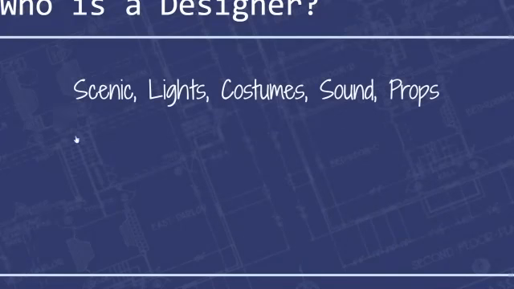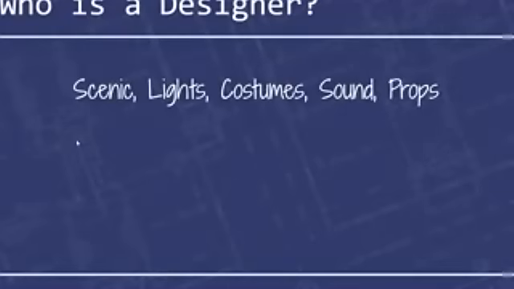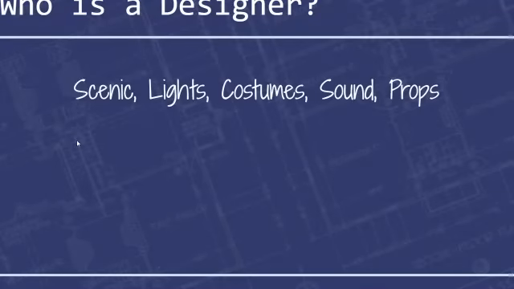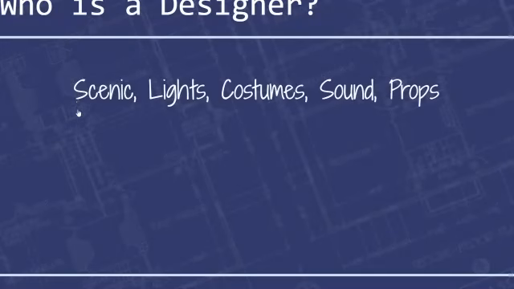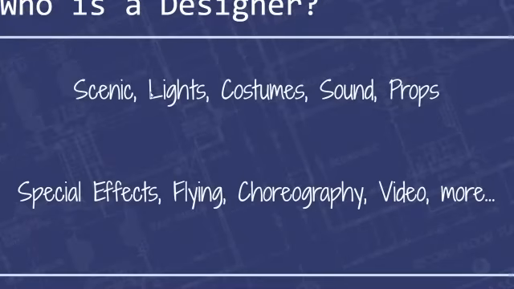All right. So probably the first things you think of are scenic designer, lighting, costume, sound, and props. Those are kind of the big five things that pretty much all productions need those designers. But fundamentally, there's actually more than that. Frequently, we also have special effects, flying, choreography, video.